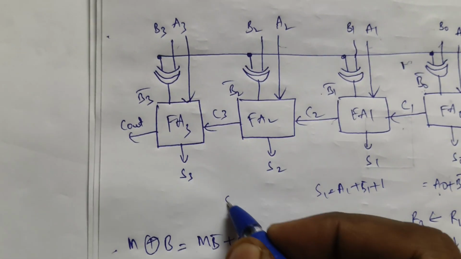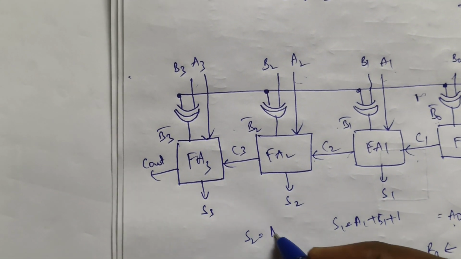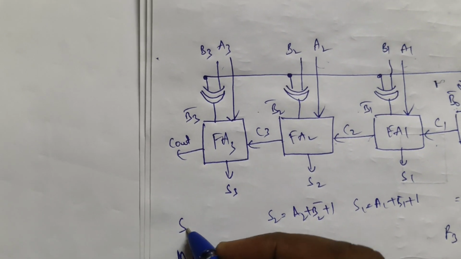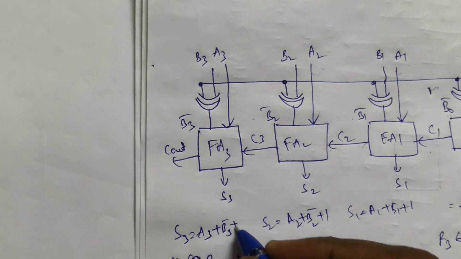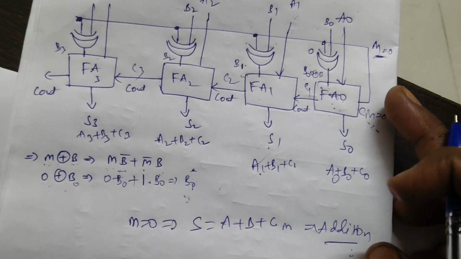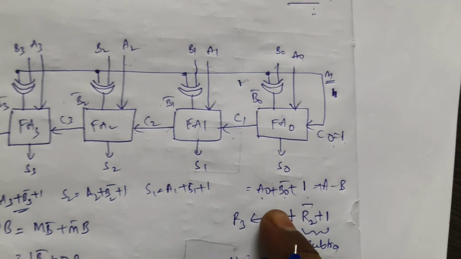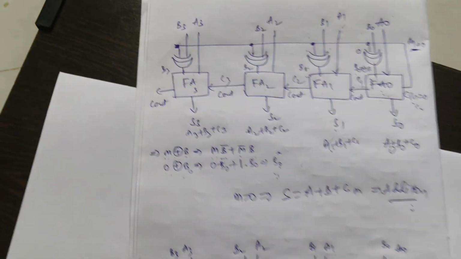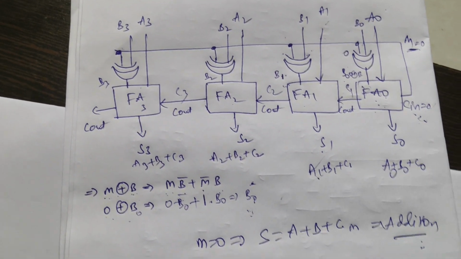Similarly, S2 is A2 plus B2 bar plus previous carry, and S3 is A3 plus B3 bar plus previous carry. In this way, based upon the mode signal, if M is equal to 0 it performs addition, and if M is equal to 1 it performs subtraction. Therefore, it is a circuit which performs binary addition and subtraction based upon the mode bit.